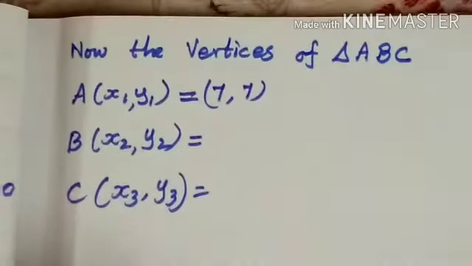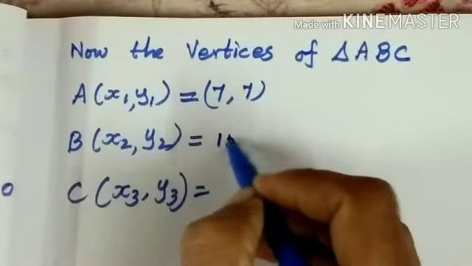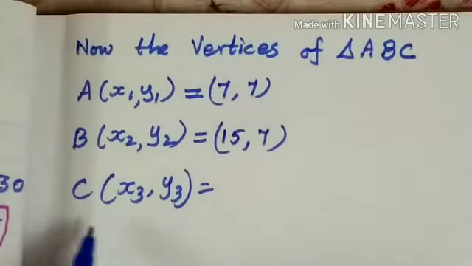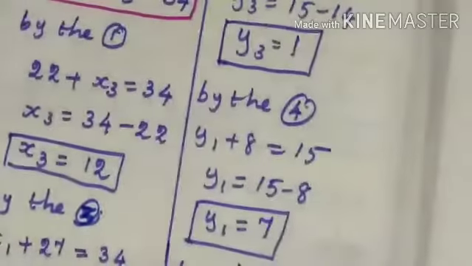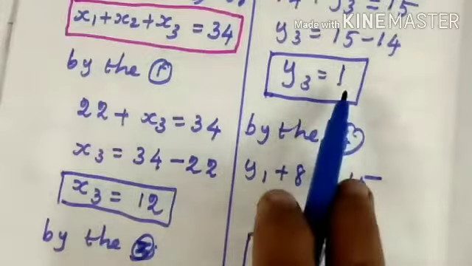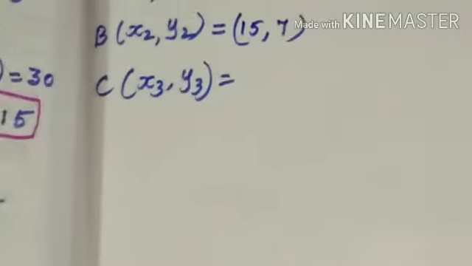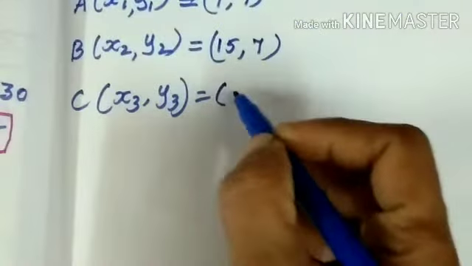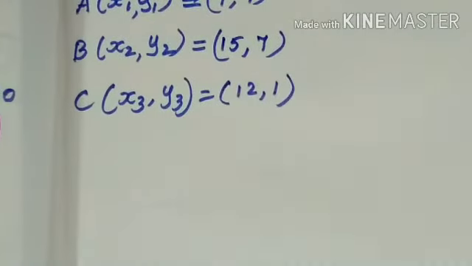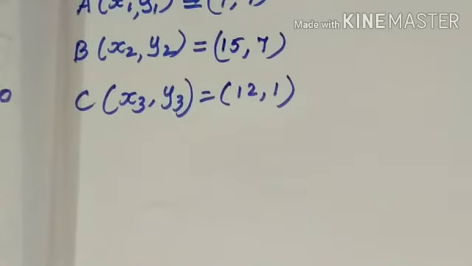Therefore, (x2, y2) is (15, 7). Then C(x3, y3) is equal to x3 12 and y3 1. Therefore, (12, 1). Now, we have to find the area of triangle ABC.